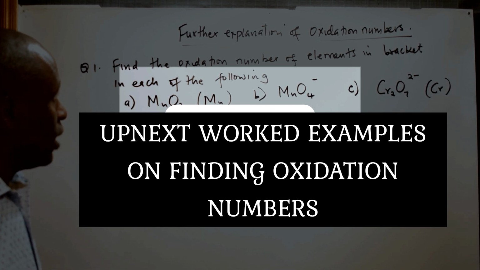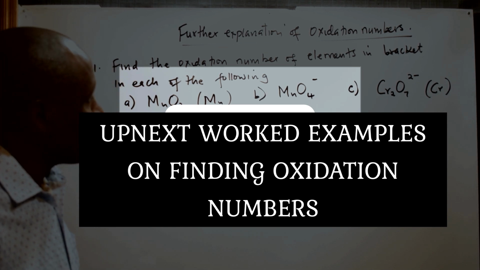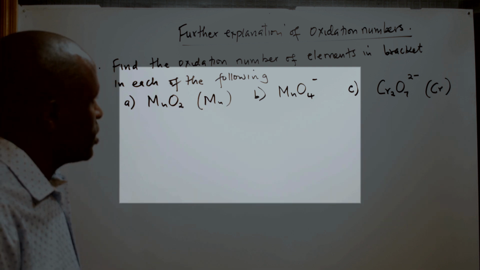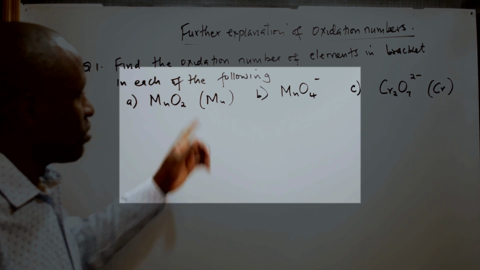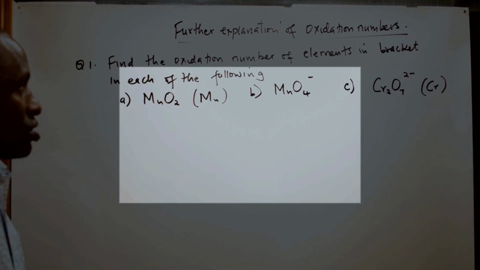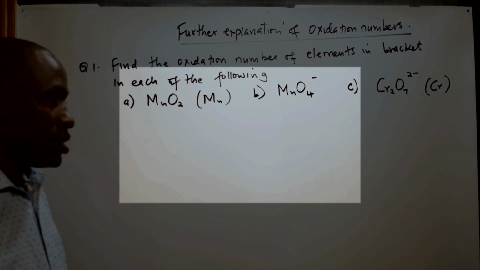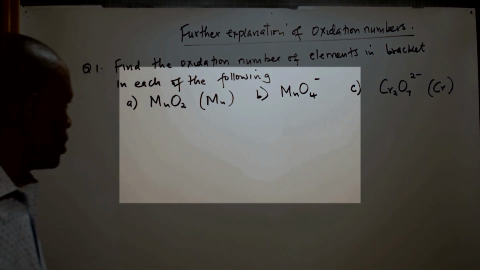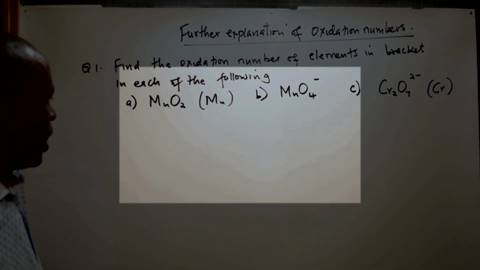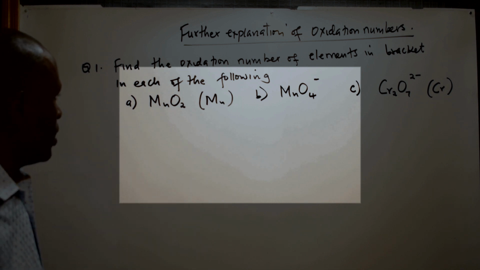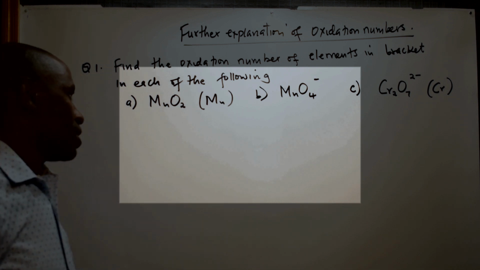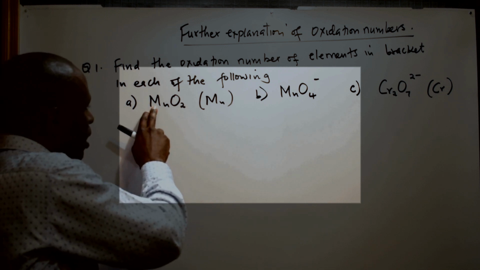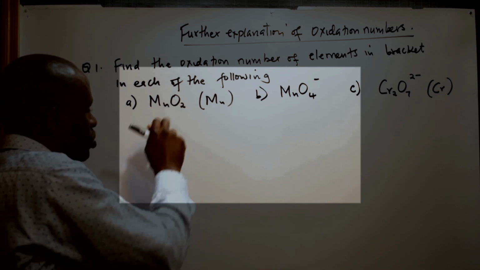Now, having looked at the rules that we use in assigning oxidation numbers, I want us to go further and try to work out the oxidation numbers of elements in compounds. For instance, my first case: I'm given a compound with the formula MnO2.